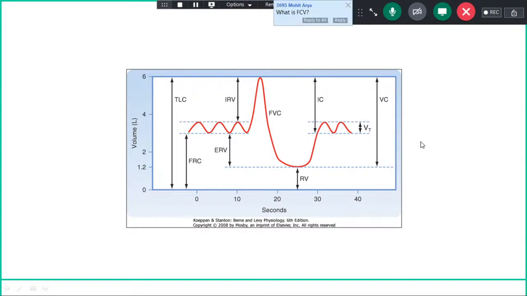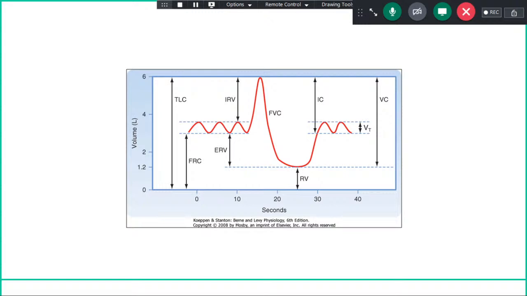The forced FVC? FVC is the forced vital capacity. This maneuver I have not told you yet, but shown here. Normally when you ask the person to take a maximal inspiration and expire, that is called vital capacity only. You are not giving instructions to the person that do it as hard, as fast as possible.